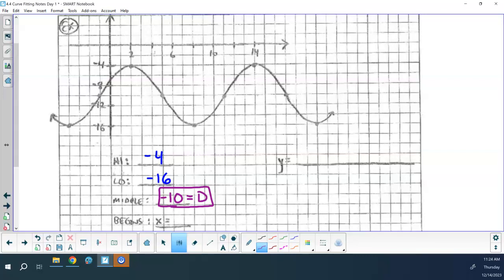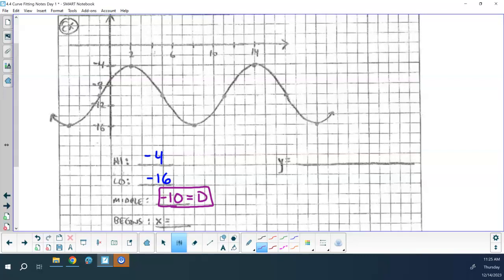How did you come up with -10? -4 and -16 divided by 2? Yep, love it. So we take the average of those.